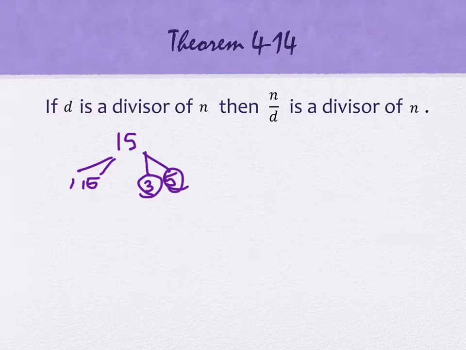And in particular, if it's divisible, say, by 3, then it's divisible by the pair that goes with it, which would be 15 divided by 3, or 5. Okay? So this is just telling you that all your factorizations, not prime factorizations, but all your factorizations, come in pairs. So if 7 divides a number, then there's going to be another number that goes with it that divides that number as well.